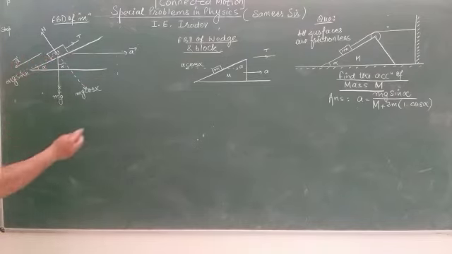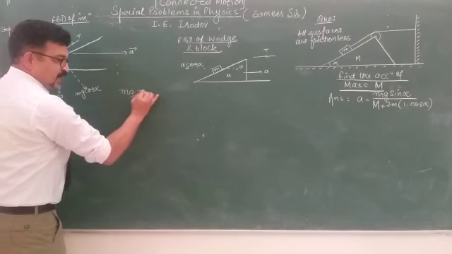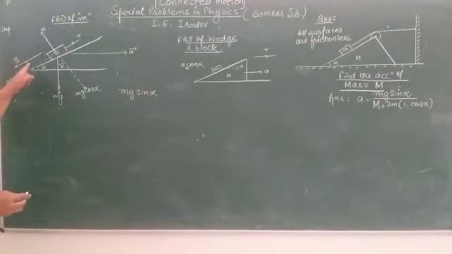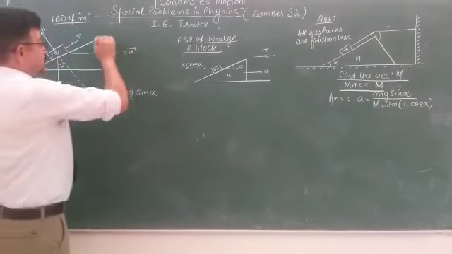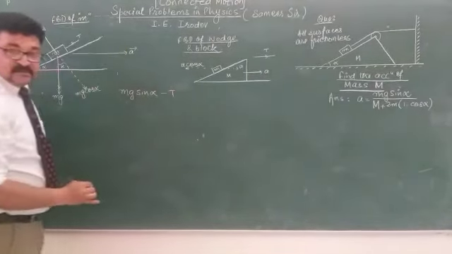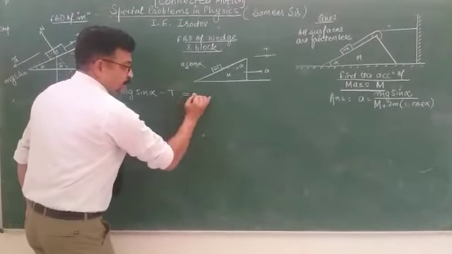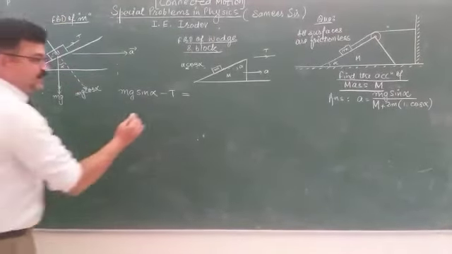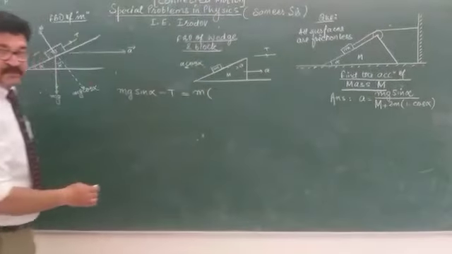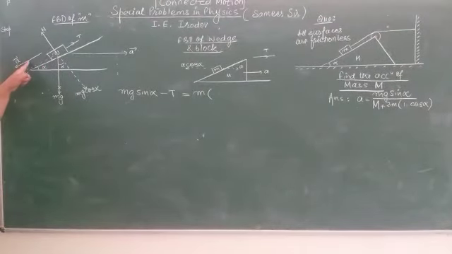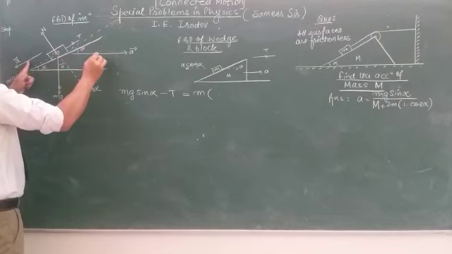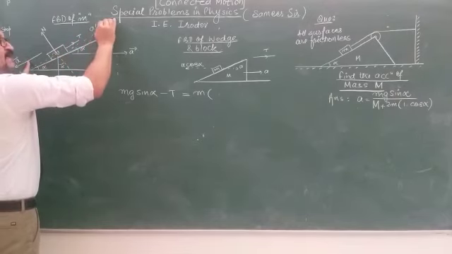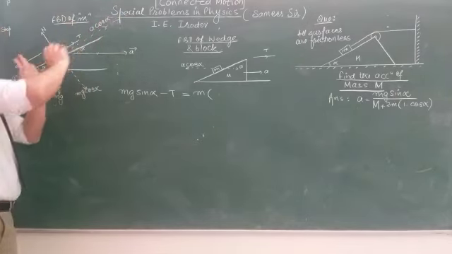If we write down the equation, what will I get? I will get mg sin alpha minus m times something. But there is a problem. This system is going forward with the acceleration A, and because of the corresponding angle alpha, one acceleration is acting in the upward direction.